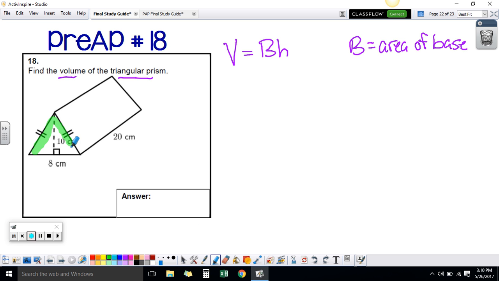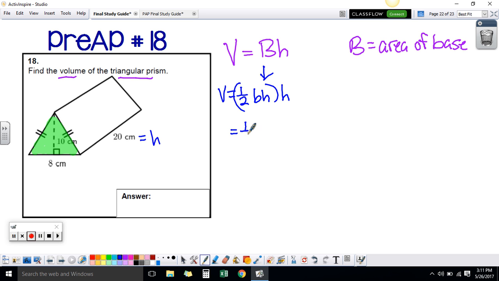I want to highlight your area of the base. So we actually need to find the area of this triangle first. And remember that the formula for finding the area of a triangle equals half of your base times height. Okay, so this is actually your big B, and then times the height of your prism in this case. So let's find the area of the base first.